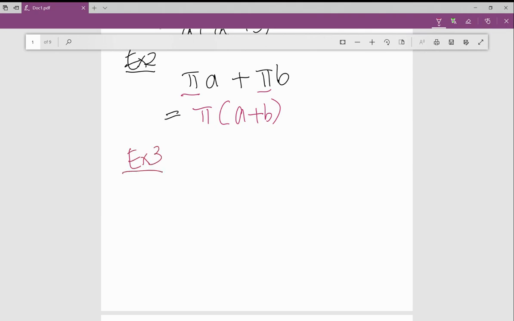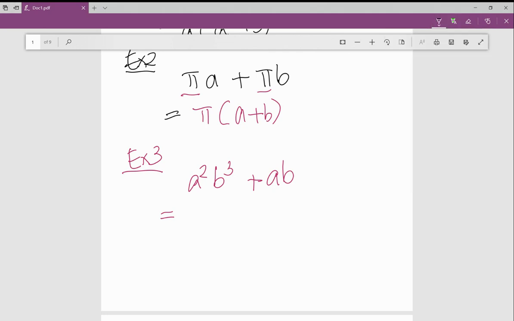Sometimes you may not get only two terms or two variables, you may get three terms or three variables. I'm going to give you an example where there is more than one variable. For example, a squared b cubed plus ab. How do I factorize this? I can bring the common factor out.